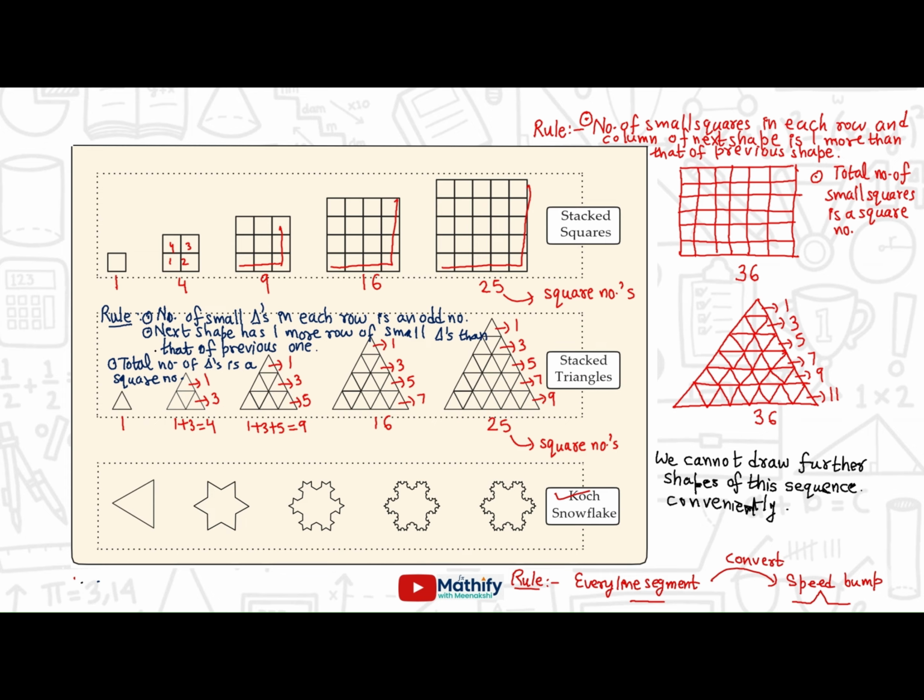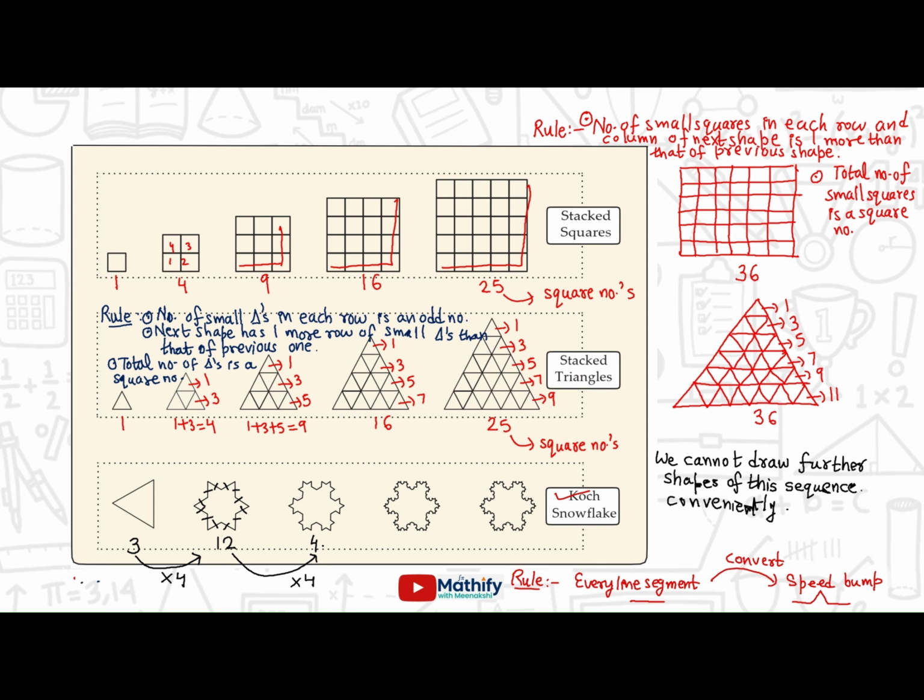Okay. So we can say that in the first step we have three line segments. Then as every line segment is converted to a speed bump, that means into four, next we have 12 line segments. I will show you: 1, 2, 3, 4, 5, 6, 7, 8, 9, 10, 11, 12. Similarly, for the next, every line segment is converted to a speed bump, so one line segment becomes four line segments.